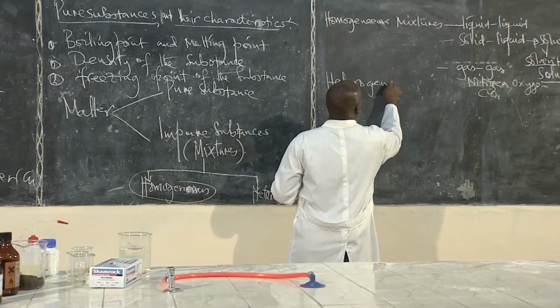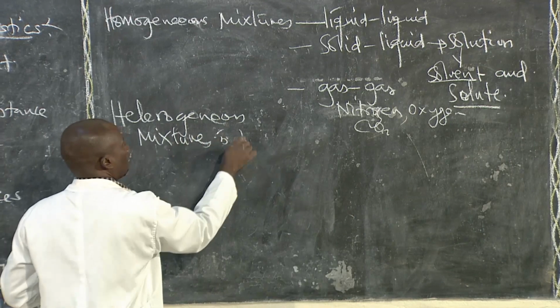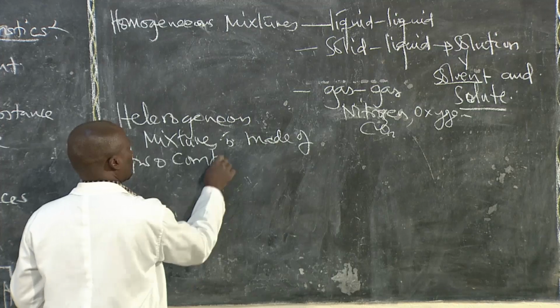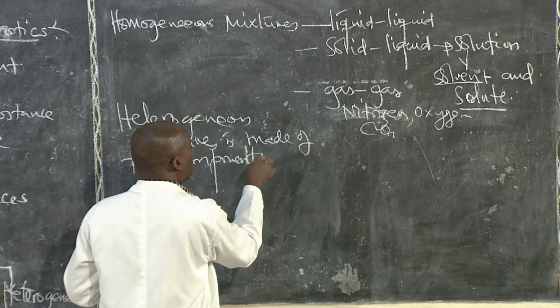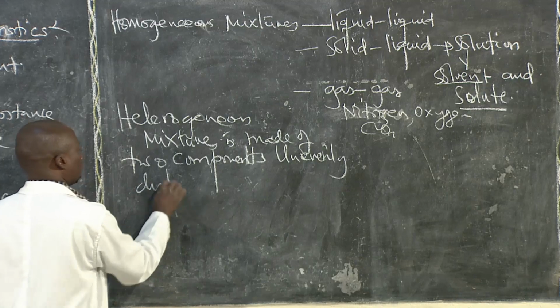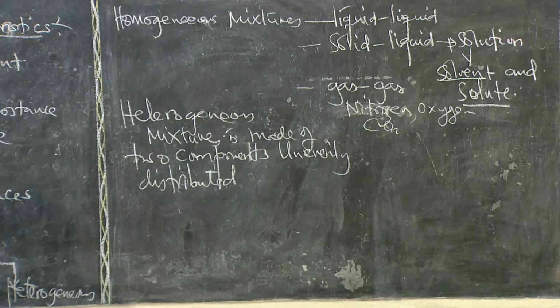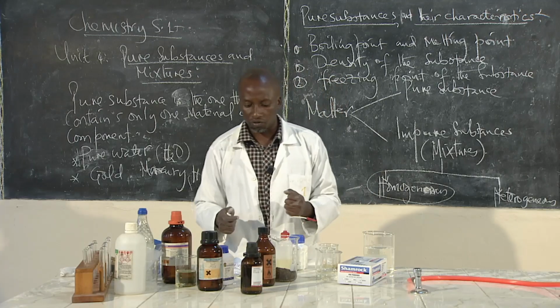Heterogeneous mixtures are made of two components, and these components are not evenly distributed. So it is the opposite of the homogeneous mixtures. Now let's look at some examples.